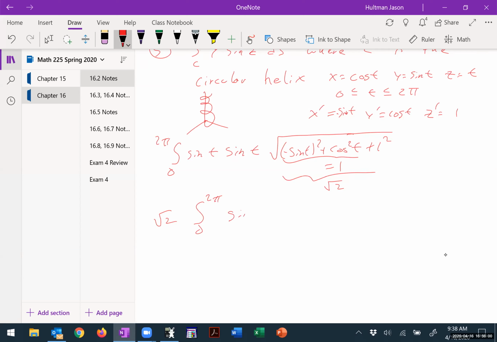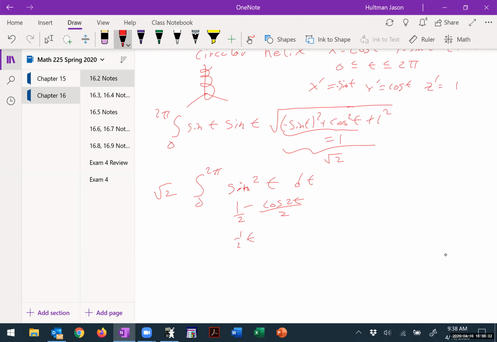dt. And again, how are we going to deal with this? That's our half angle identity, right? So a lot of half angle identities here in Calc 3. So this is going to be 1 minus cosine 2t over 2. We've already integrated this before. This is just 1/2 t minus, or sorry, is it minus or plus?